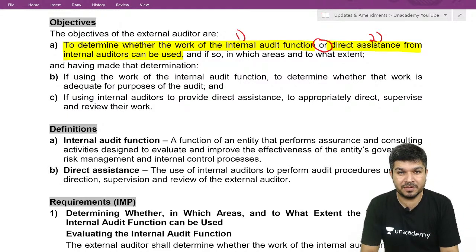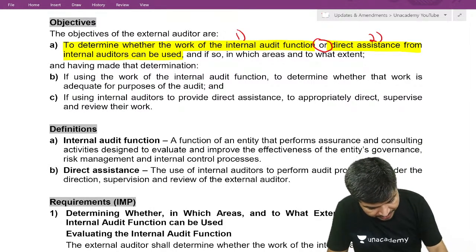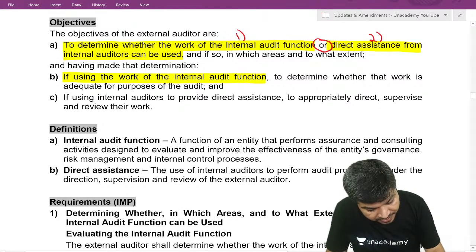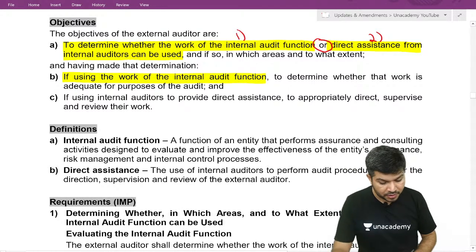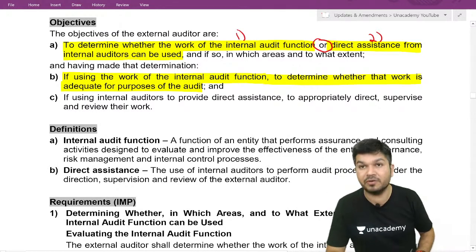Yes. So check over here. If using the work of the internal audit function, we need to determine whether their work is adequate for our purpose.